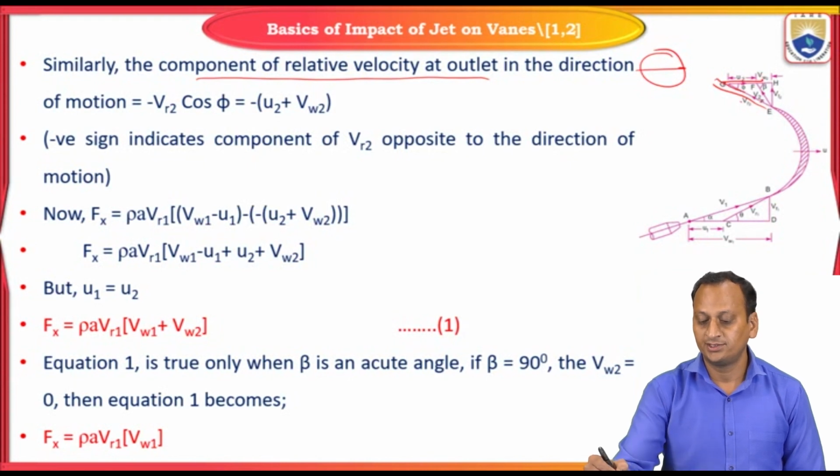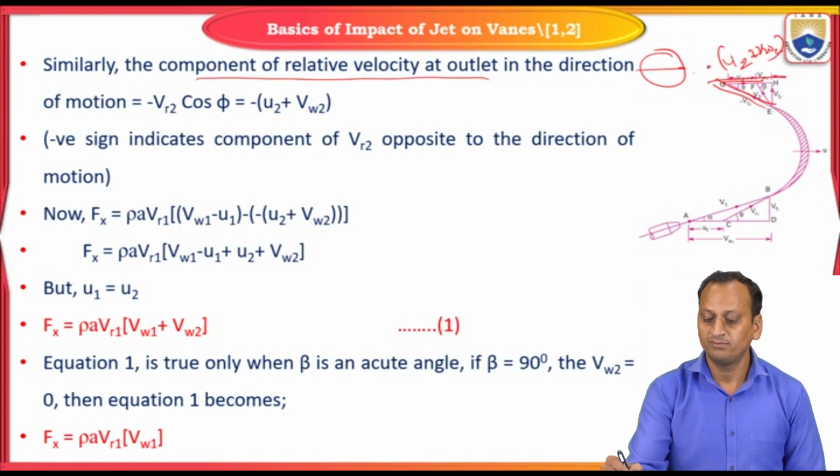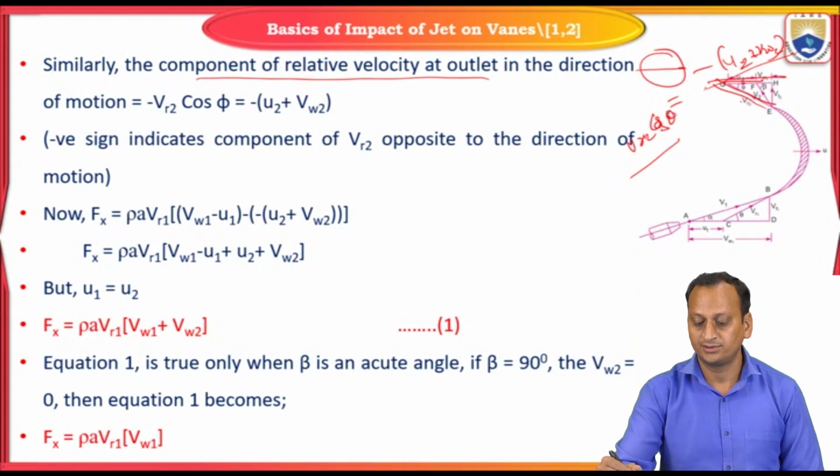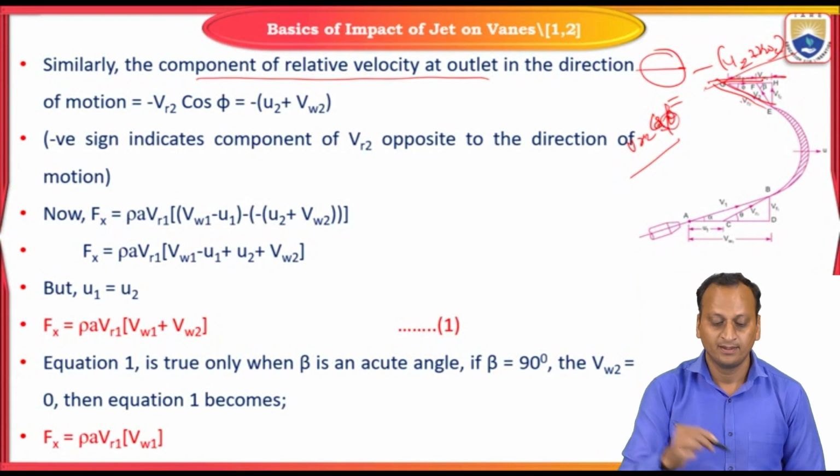As it is in the negative direction, VR2 cos phi is minus of U2 plus VW2. Sorry, not theta, it's phi.